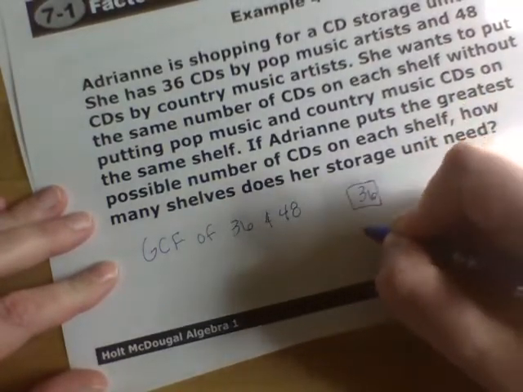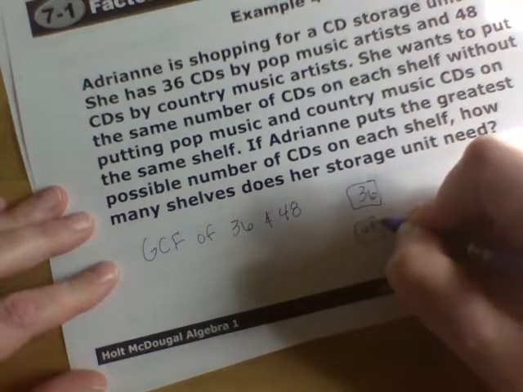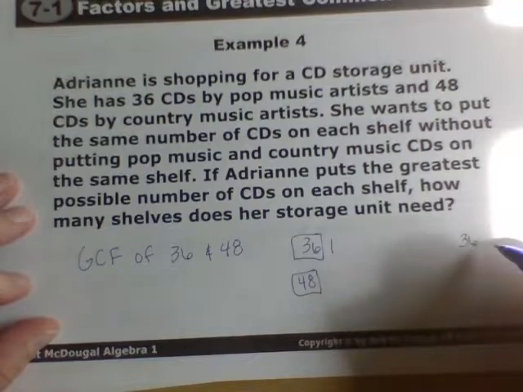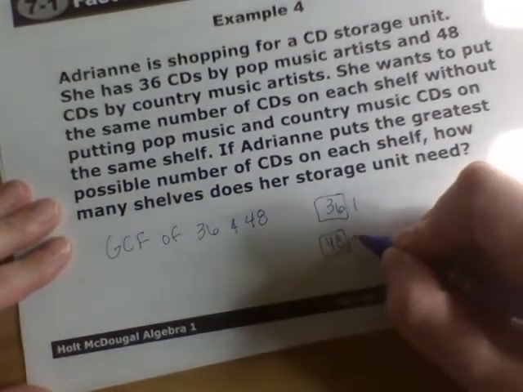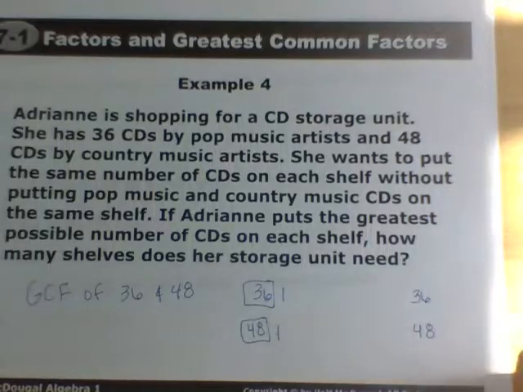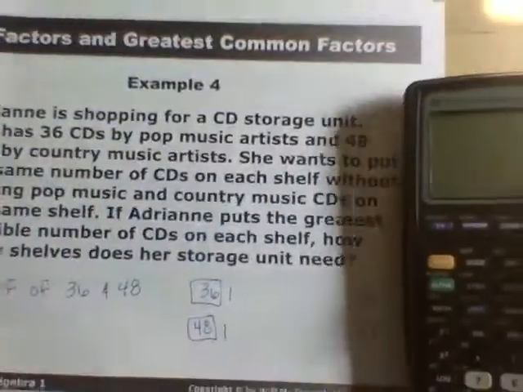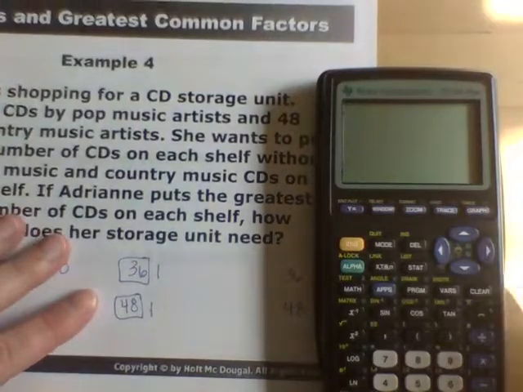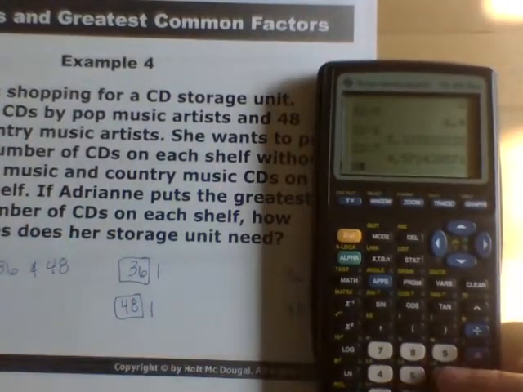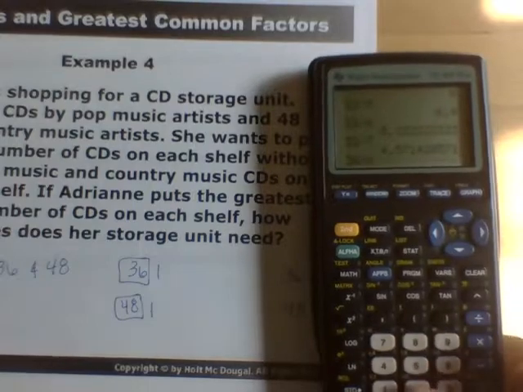The factors of 36 and 48: it's always 1 and 36 for 36, and also 1 and 48 for 48. But then you just go through and figure out what numbers will also divide evenly into 36. So in your calculator or in your mind, but of course double checking, 36 divided by 2.